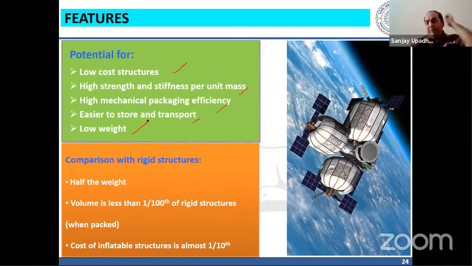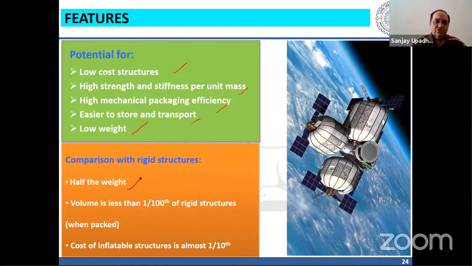When we compare with rigid structures on the point of weight, it is half the weight. Suppose a rigid structure has 100 kg weight, then the inflatable structure is 40 to 50 kg. So 50% of the weight is reduced, which directly affects your cost.